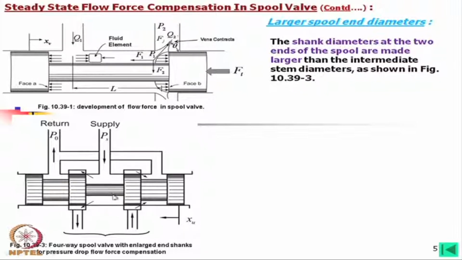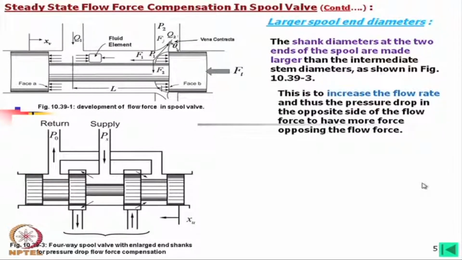In that case, we have to make this groove depth and here also depth in such a way that we can see this angle is more than its normal angle. It is close to 90 degrees, and the flow force is reduced, not fully compensated, but it is reduced.